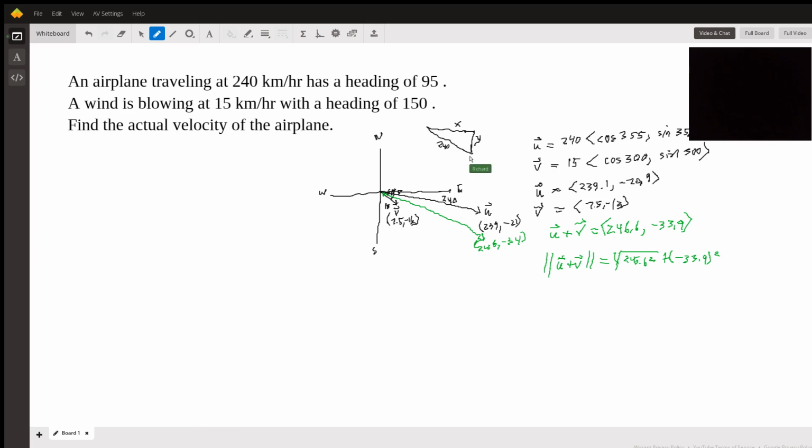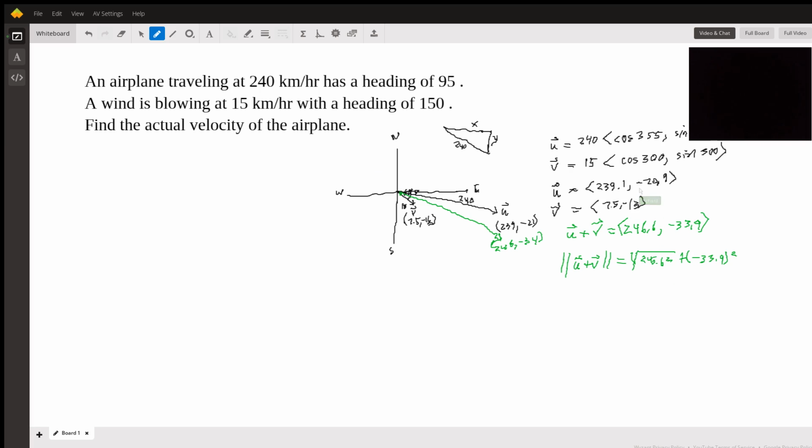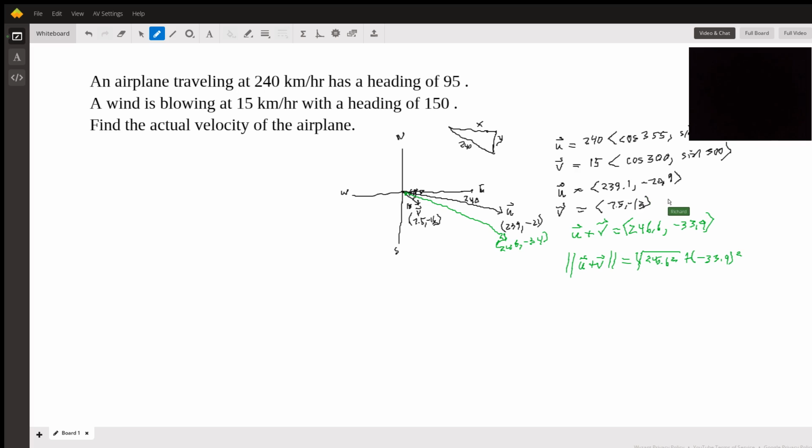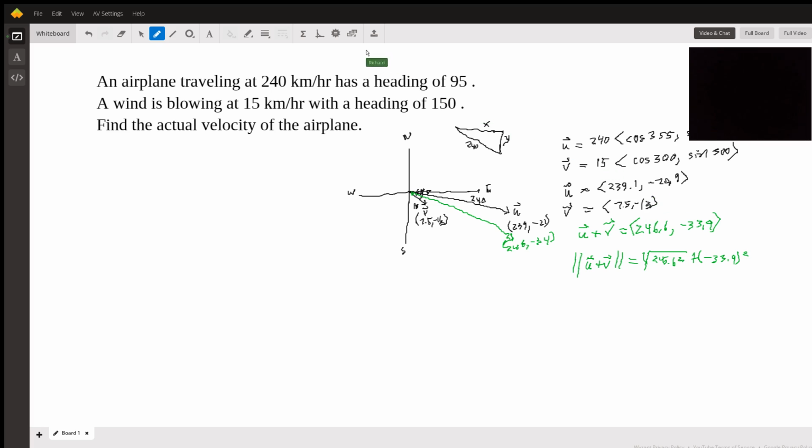Okay. Yeah, I can't seem to pull this back. So just increase the width of your window, and then you should be fine. I'm just about done here.